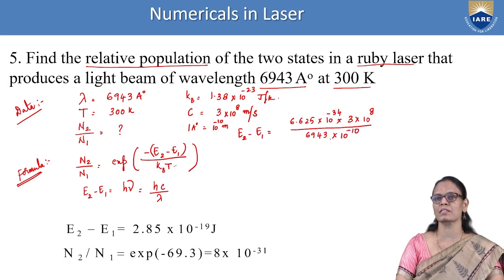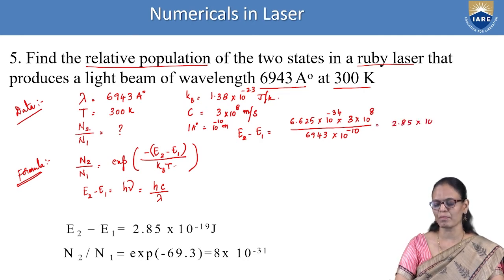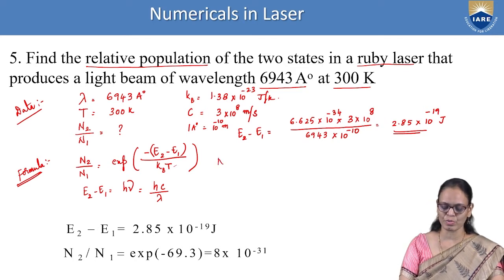Everything is in SI system. So we get E2 minus E1 equal to 2.85 into 10 power minus 19 joules. You can use your calculator to simplify this value.